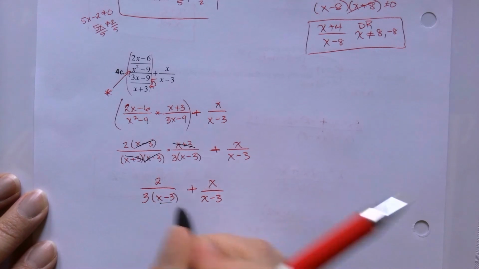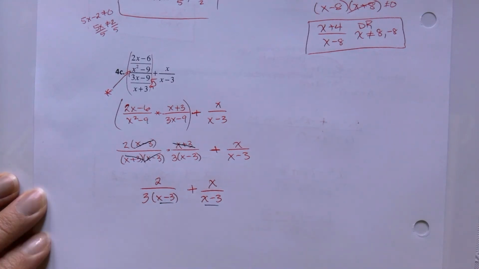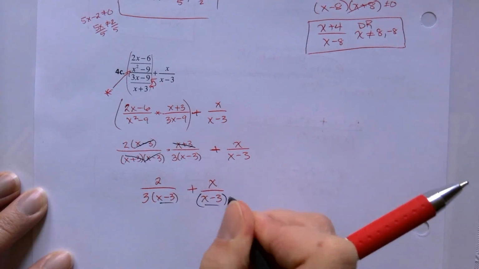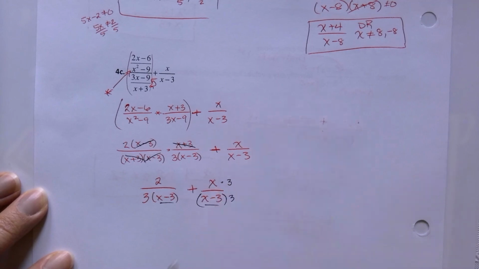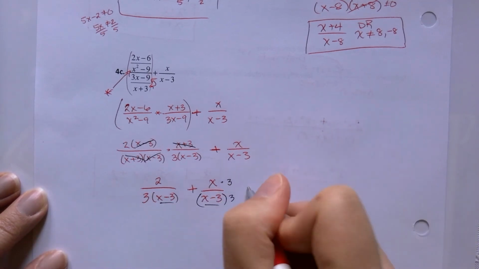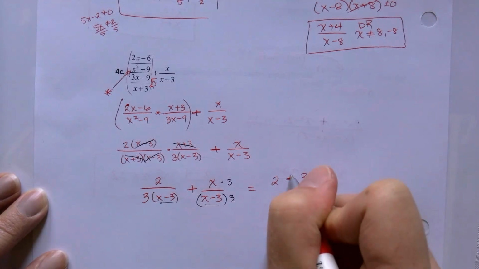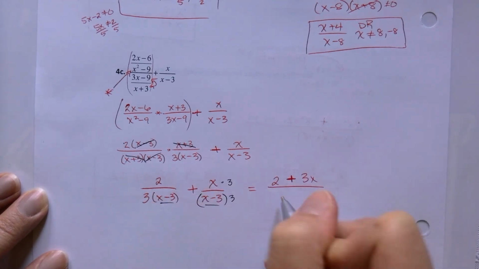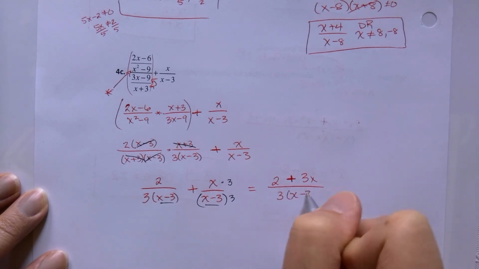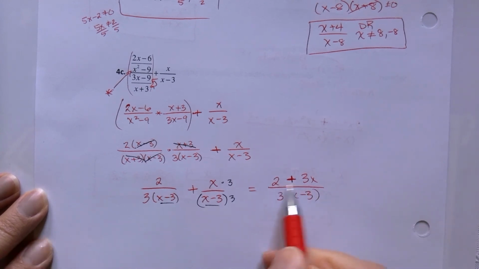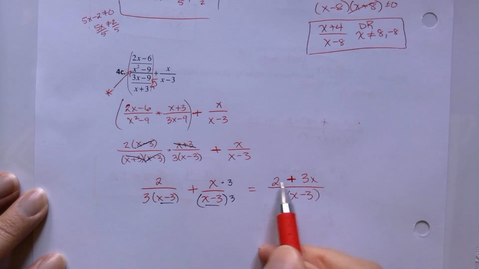They both have the x minus 3, and so this needs a 3 on the top and on the bottom. So what do I have? I have 2 plus 3x on the top, and on the bottom I have a 3 and an x minus 3. So I can look and see that this 2 plus 3x is not going to factor.